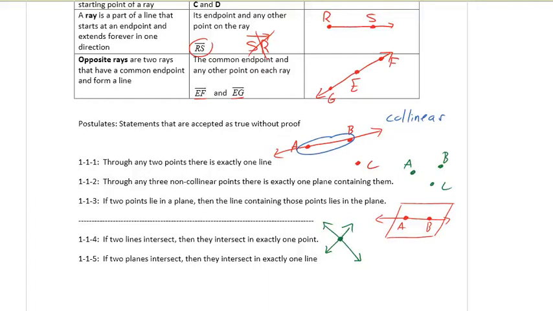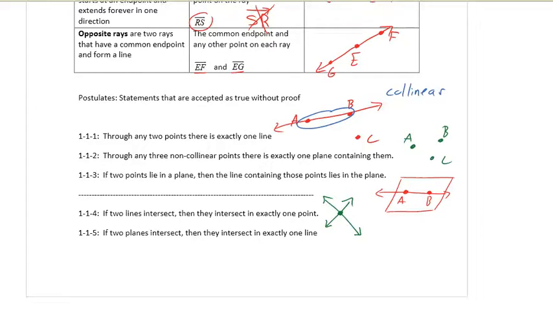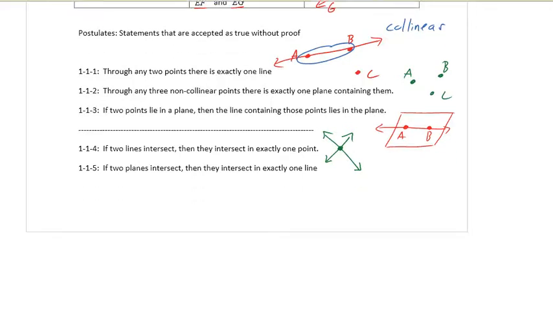If 2 planes intersect, then they intersect in exactly 1 line. So let's see if I can draw something 3-dimensional. Okay, we have this, and then we have some plane kind of going through it.